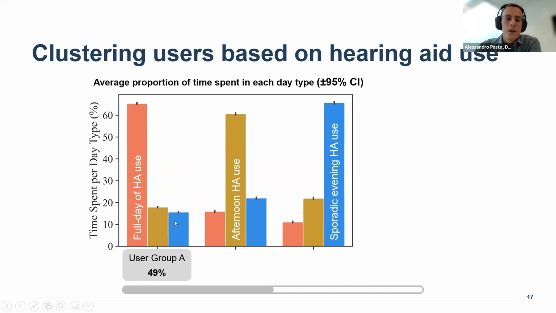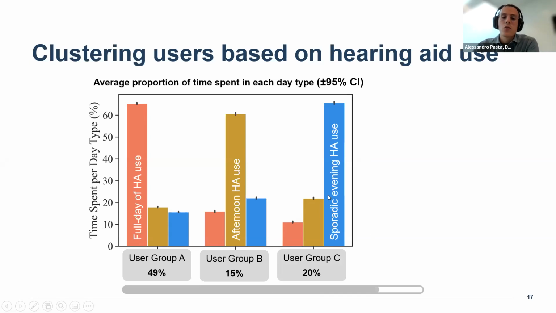To some extent, they had afternoon days of hearing aid use and sporadic evening hearing aid use. We then have a second user group B, which groups users that predominantly had afternoon hearing aid use days. And the third group groups users which had, on average, predominant sporadic evening hearing aid use.